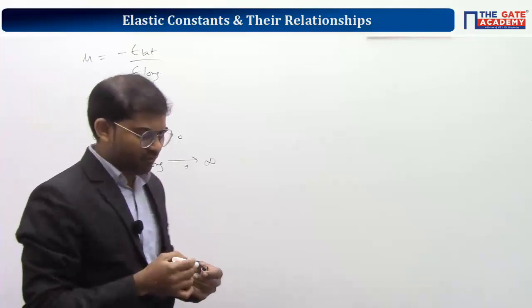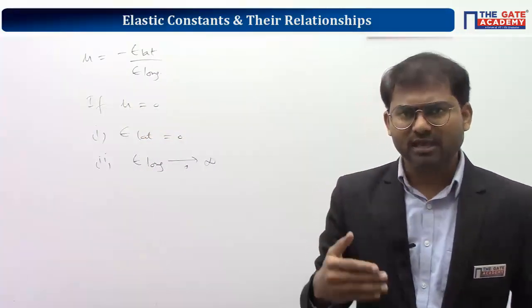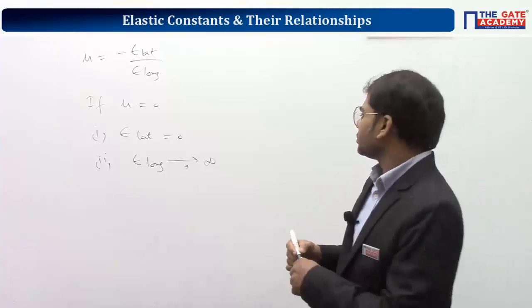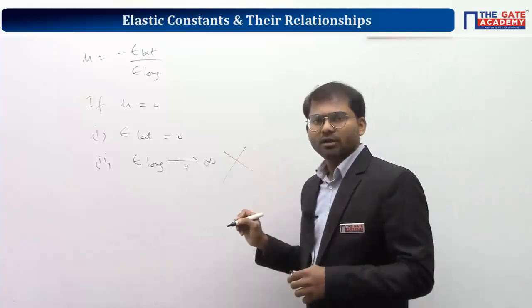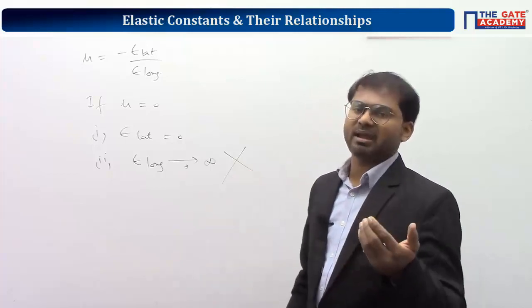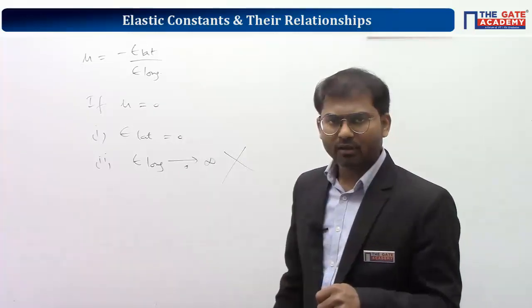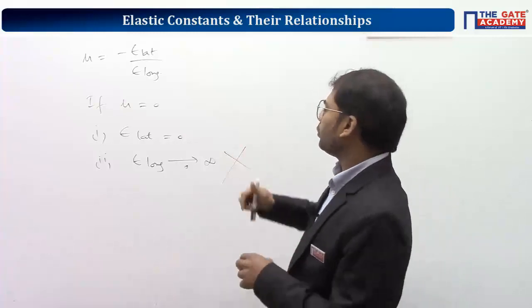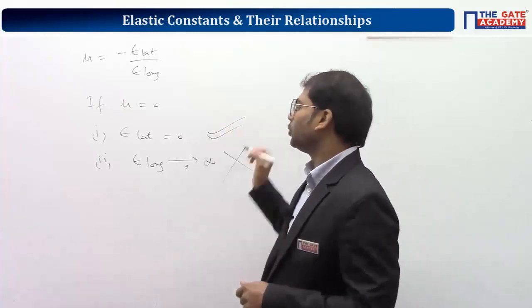In this episode of SOM we already studied that we deal with strains which are far less because they are elastic strains. So this is not practically feasible at all. We never have any material which will have a very high value of strain. So we will have only one option, that is lateral strain is equal to 0.